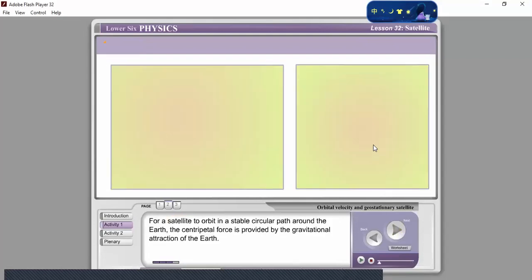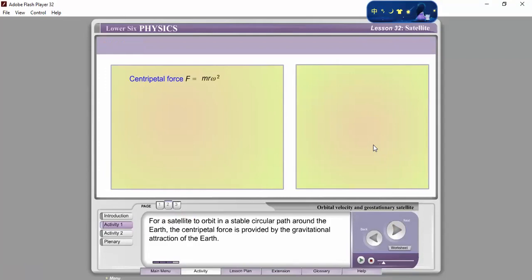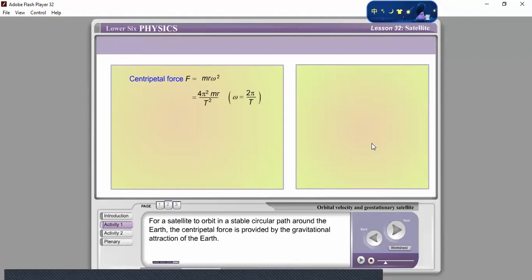For a satellite to orbit in a stable circular path around the Earth, the centripetal force is provided by the gravitational attraction of the Earth. Centripetal force F equals m r omega square. Since omega equals 2 pi over T, F equals 4 pi square times m r over T square.